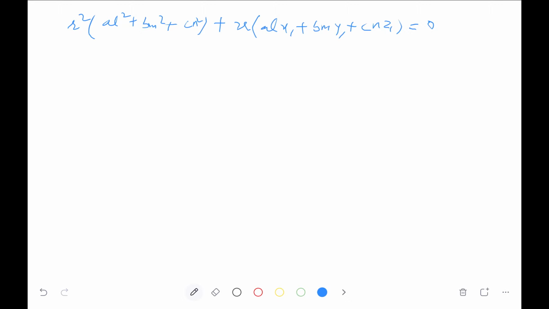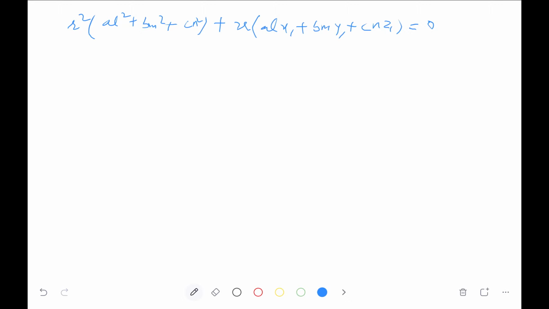So we are left with a l, where l is replaced by x minus x1 by r into x1, b y minus y1 by r into y1, c z minus z1 by r into z1 is equal to 0.